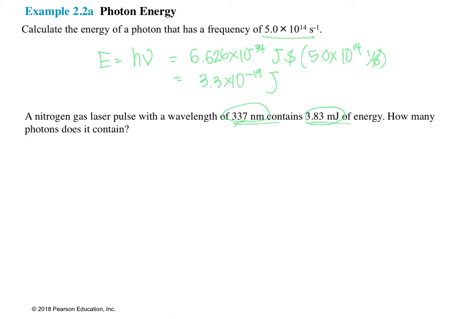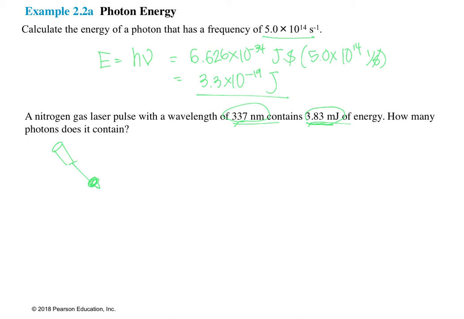What you want to do here is, when we have a laser pulse, here's a little laser, and it shines some light. There's lots of photons in that burst of light, and they have a lot of energy, apparently 3.83 millijoules. If we look at the energy of one photon, it's like 10 to the negative 19 joules.